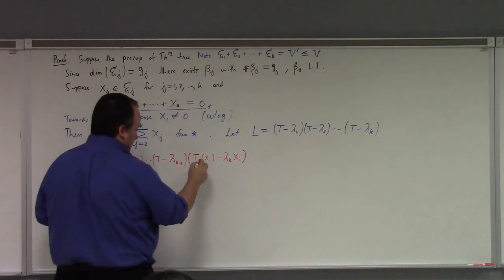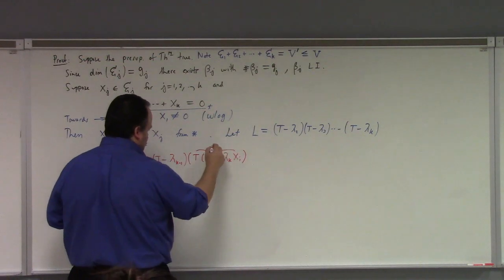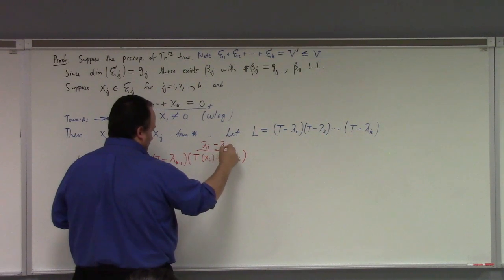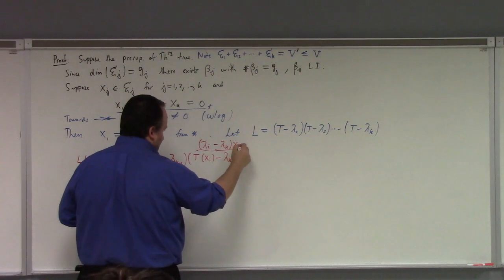This first one simplifies to lambda i minus lambda k times x sub i.